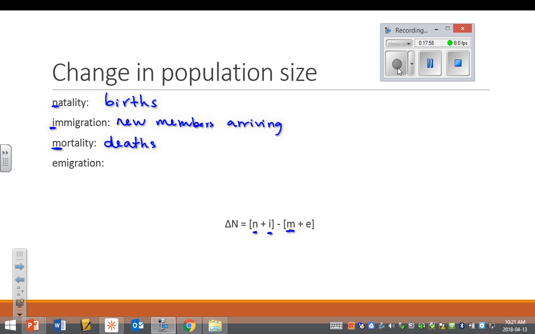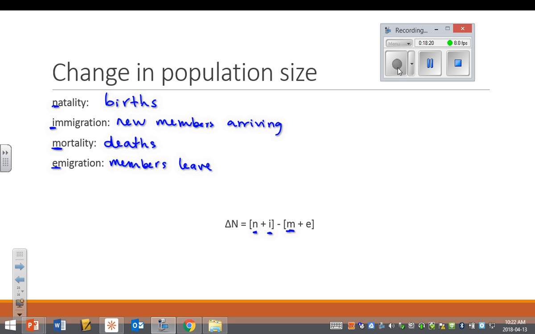And emigration is when members leave the population. So these 4 things are typically included somewhere, somehow, in questions to help you determine how a population has changed.